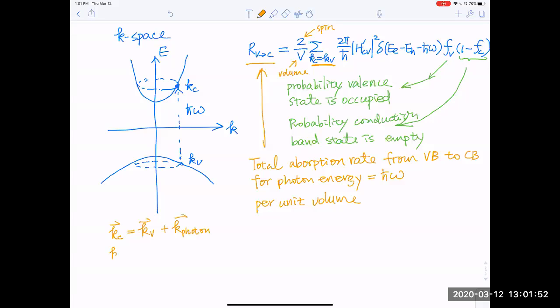And because K photon is much smaller than both electron and hole, we are dropping the photon wave vector. So basically we say this transition is always vertical. For all practical purposes, it is a vertical transition.